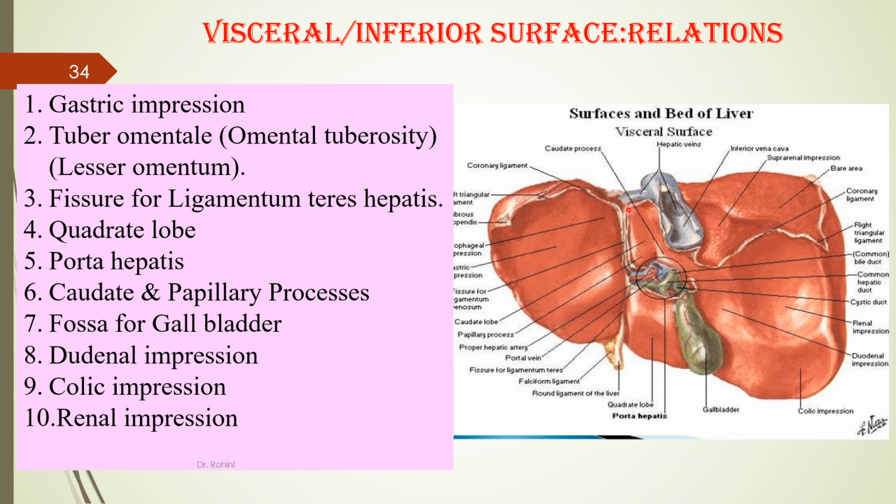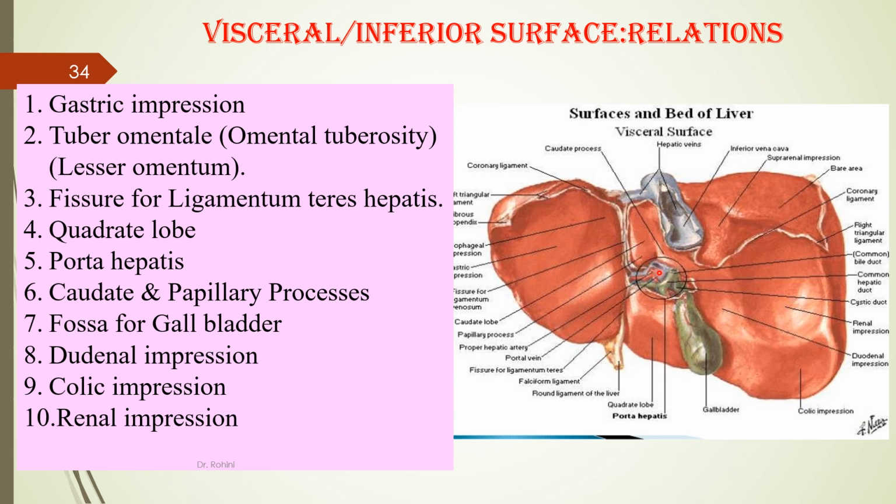Then we have the fissure for ligamentum venosum. This is the fissure for ligamentum teres hepatis. This area is the quadrate lobe, which is bounded on the left side by the fissure for ligamentum teres hepatis, on the right side by the gallbladder fossa. Above there is the porta hepatis, and below there is the free margin of the inferior border.